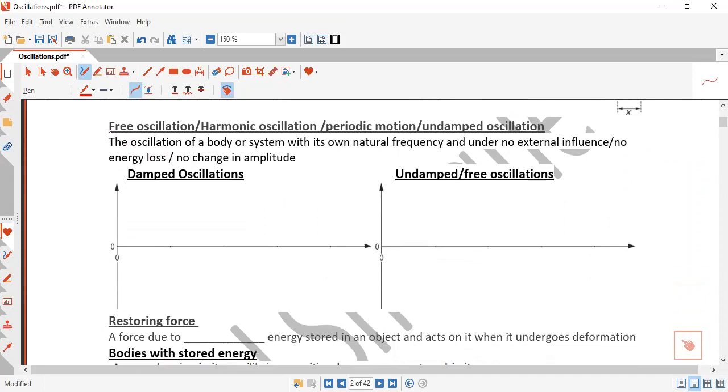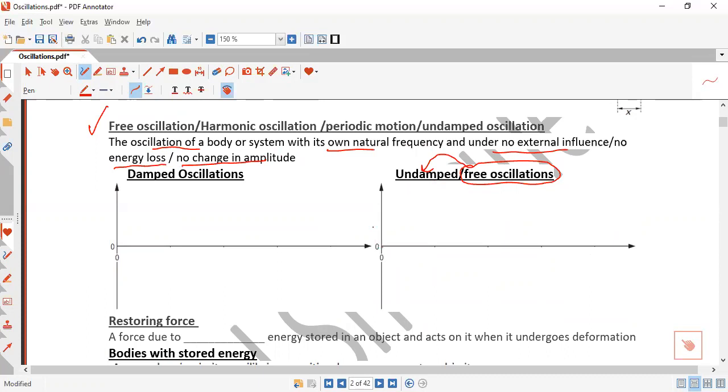Okay, students. Now, what is free oscillation and what is an undamped oscillation? Free oscillation is basically also called undamped oscillation. What is undamped oscillation? In which no energy is lost. So the oscillation of the body at its own natural frequency, under no external influence, with no energy loss or no change in amplitude, this is called undamped oscillation.